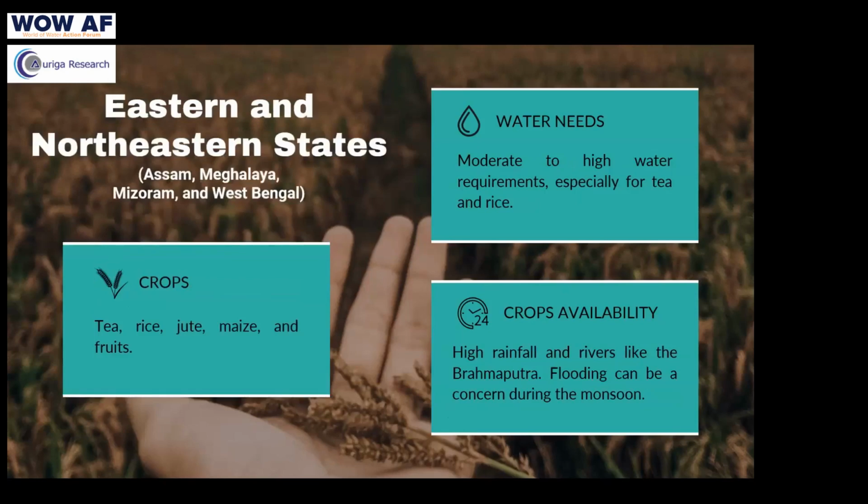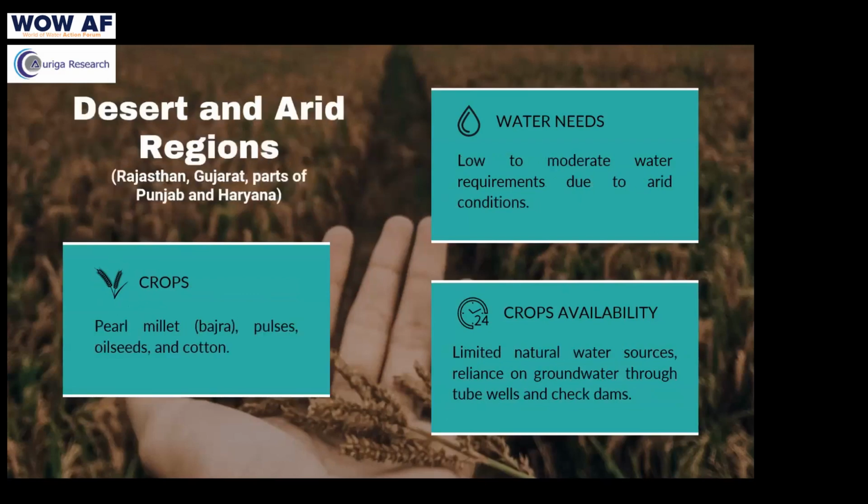Then the eastern and northeastern states, where tea is predominant, with some amount of rice, step cultivation, corn, and fruits and vegetables. Again, these are moderate. These are areas of high rainfall, including flooding, and excess water may be a problem in these areas.